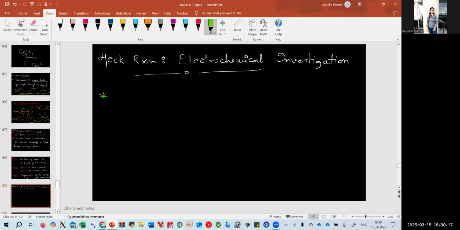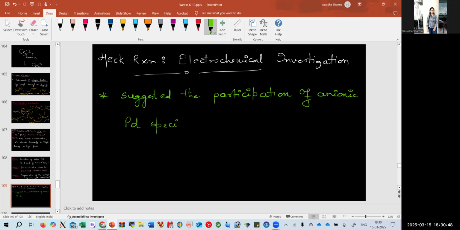So this has been said that this investigation suggests the participation of anionic palladium species in the catalytic cycle.